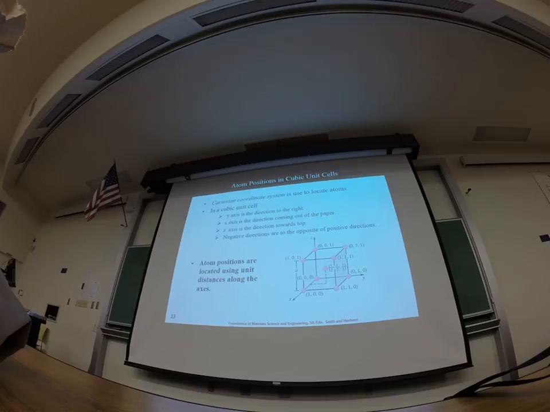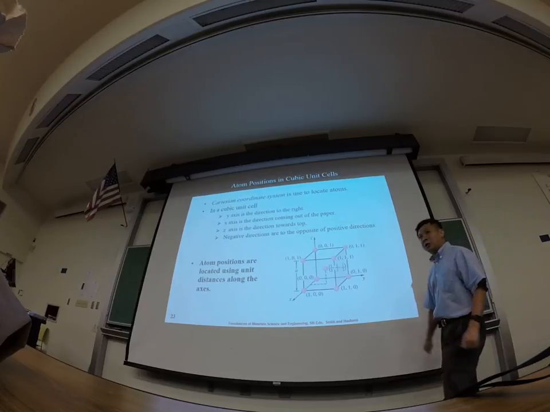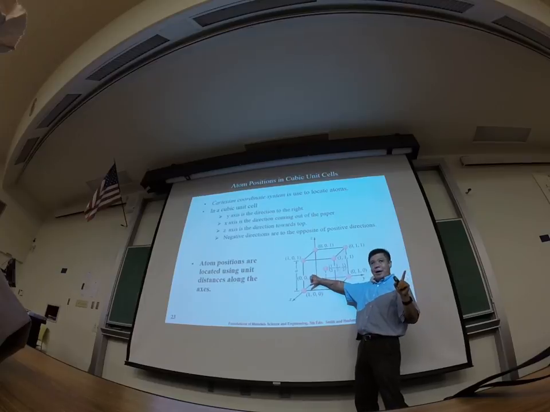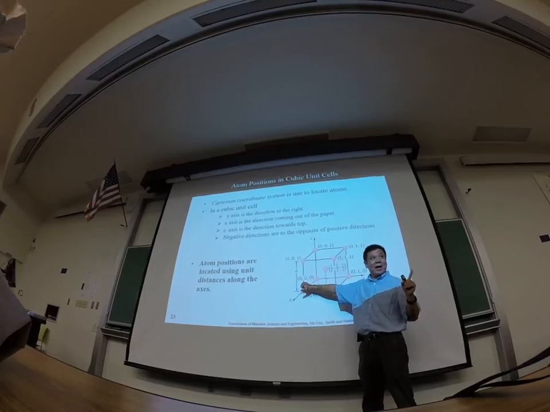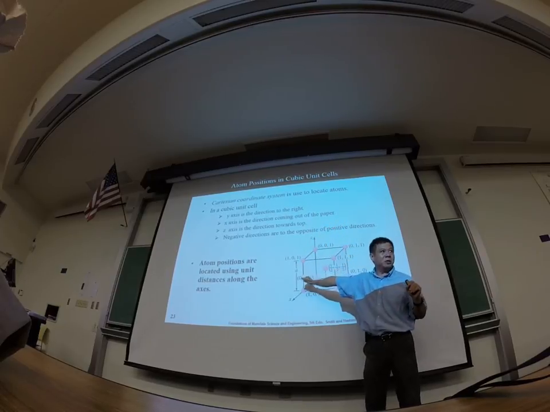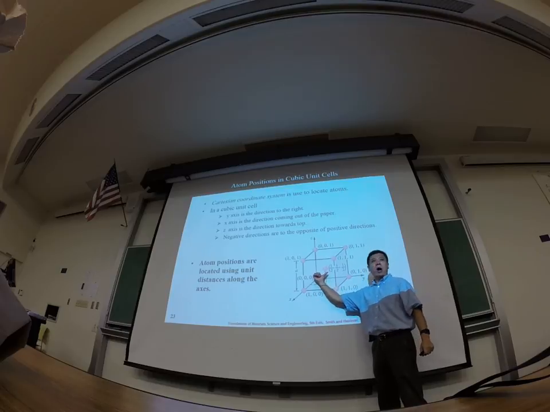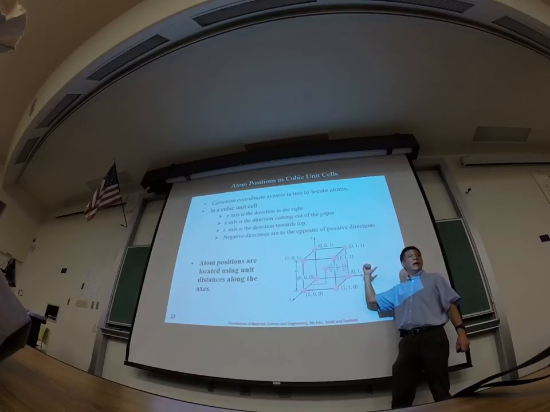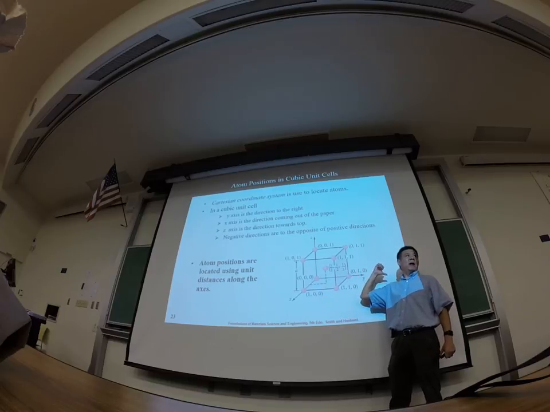As I mentioned to you already, the positive x direction is very important. You need to know about that. The positive x-axis is pointing out of the screen toward you. Y is toward the right of the screen, and that's the positive y direction.